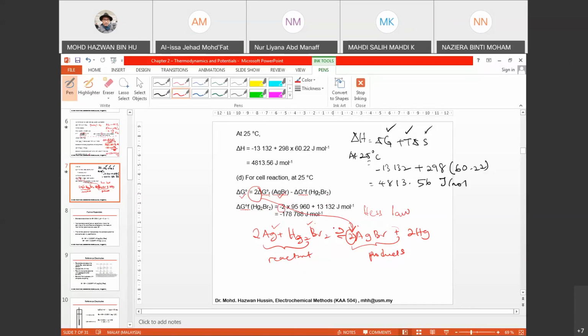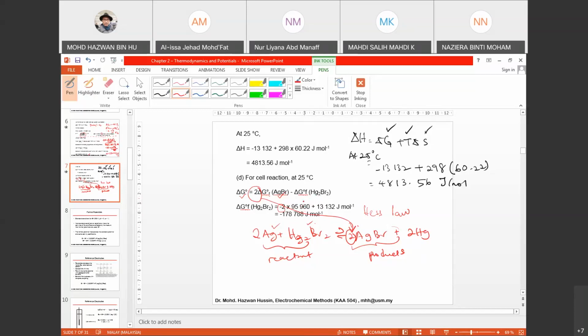Anyone knows why this one becomes negative? Doctor, here it gives the delta G naught for AgBr as minus 95960. Sorry, again? In the question, in the example, it gives the delta G naught of AgBr as 95960, minus.